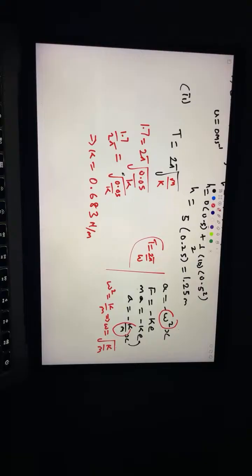Once you square both sides, then you have 0.05 divided by this answer. Still the same thing. So the correct answer in that place is approximately 0.7 newtons per meter.